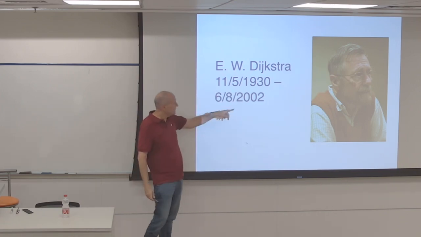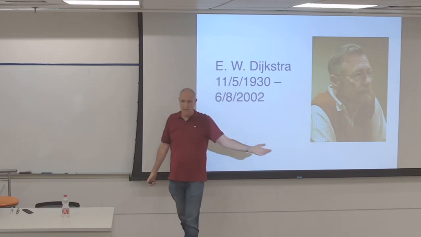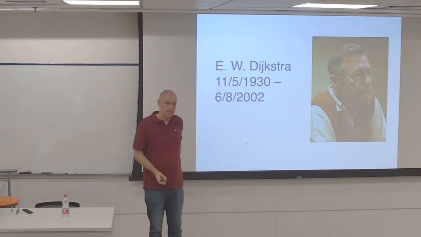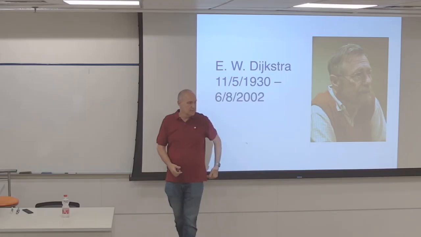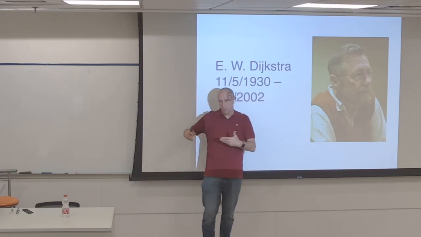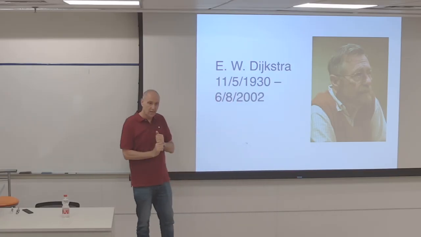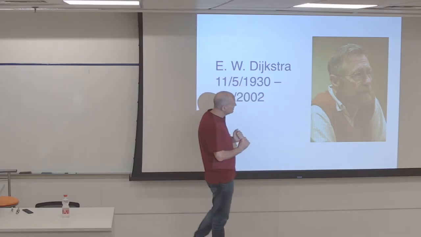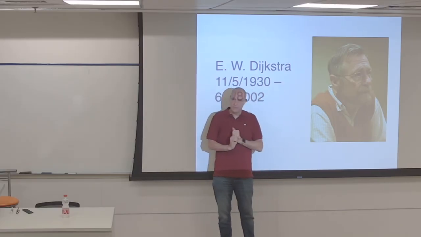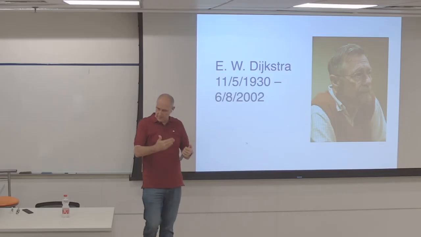He was born in the Netherlands, he's Dutch, and he studied there for his first degrees, and he also worked as a professor in the Netherlands. Then he went to the US. He worked at the University of Texas at Austin, where he was a professor until he retired, and then he returned to the Netherlands.